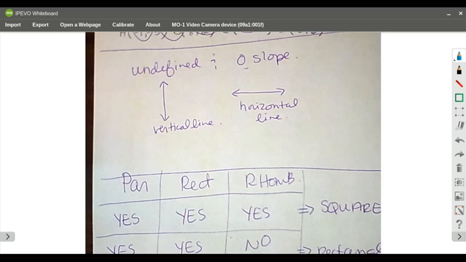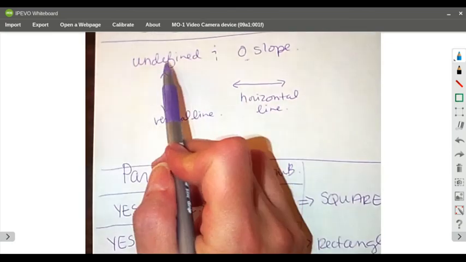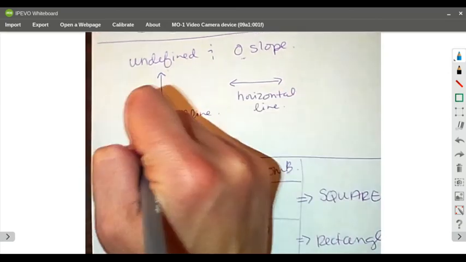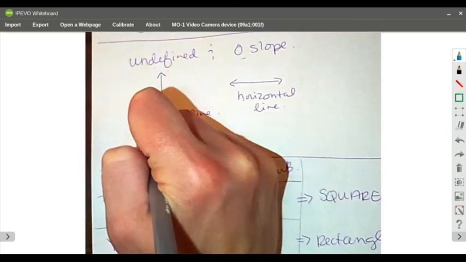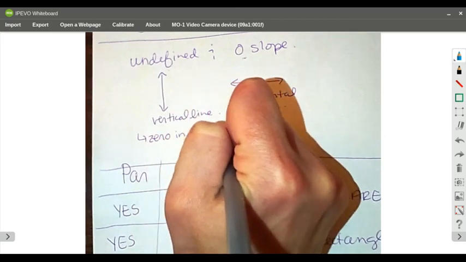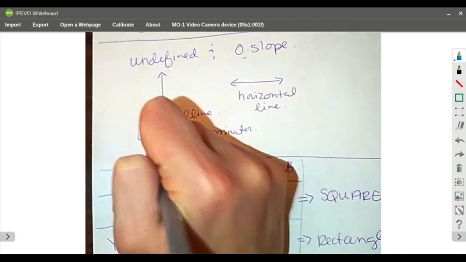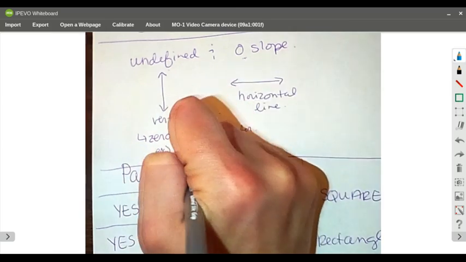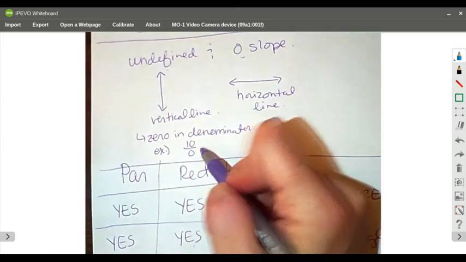No matter what. So how this looks algebraically is, you may remember, an undefined slope has a 0 in the denominator. Remember, you can't divide by 0 in math. So for example, if I got like, I don't know, 10 over 0, this would be an undefined slope.